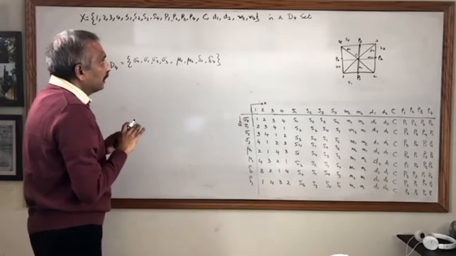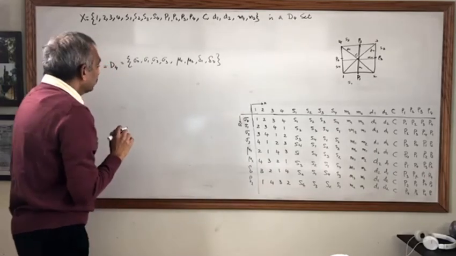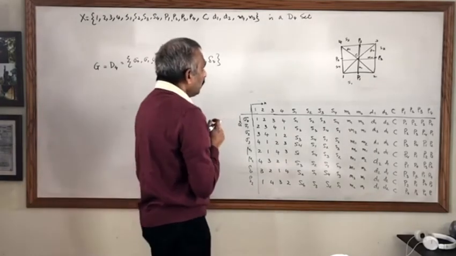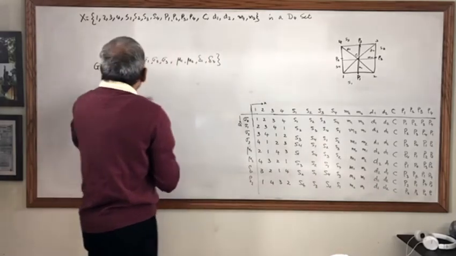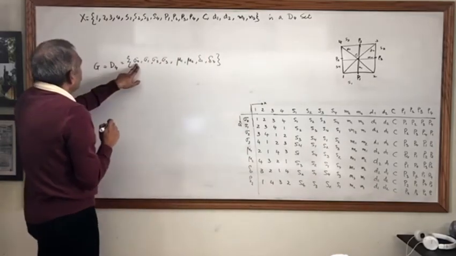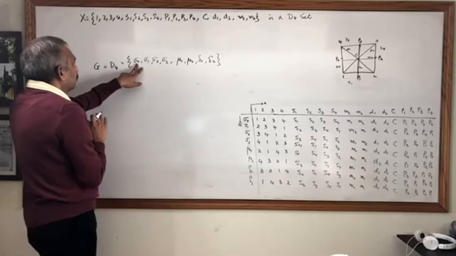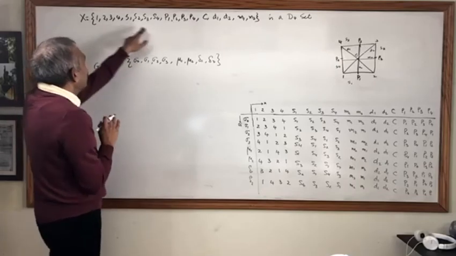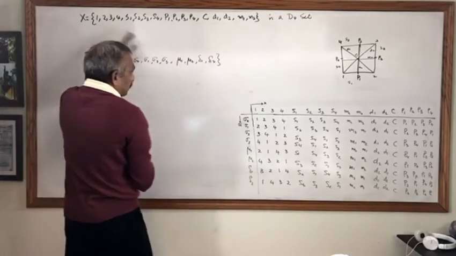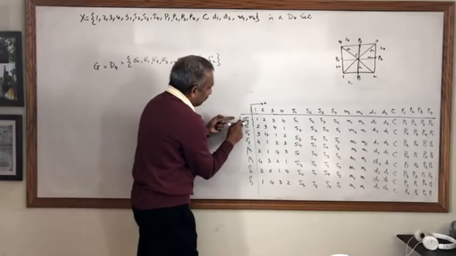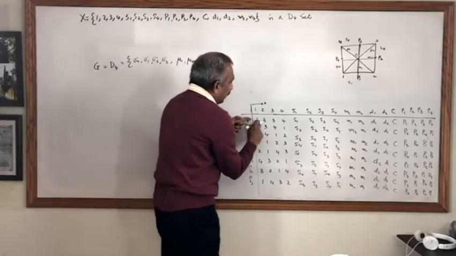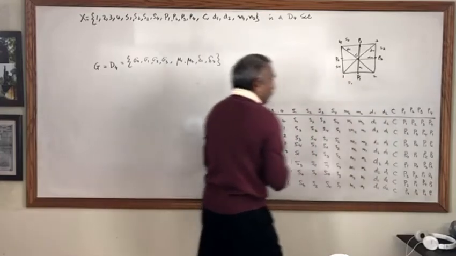See, the way we are going to define is that this is the identity. So this is not going to move any of these elements. So if you see sigma 0, it keeps as it is without any change.